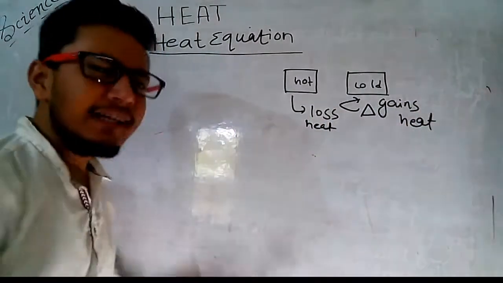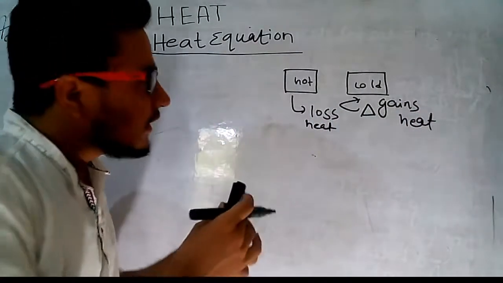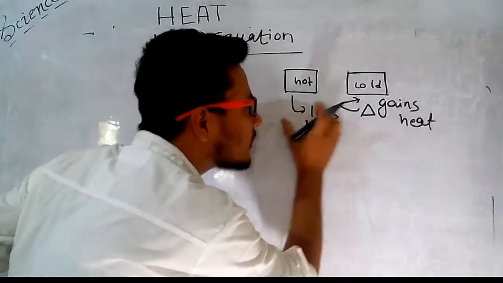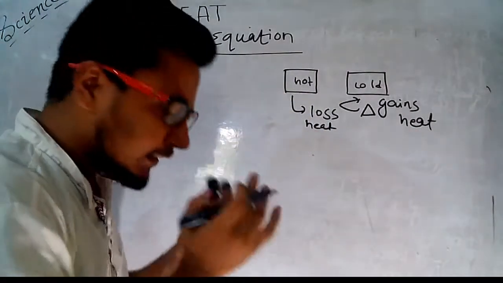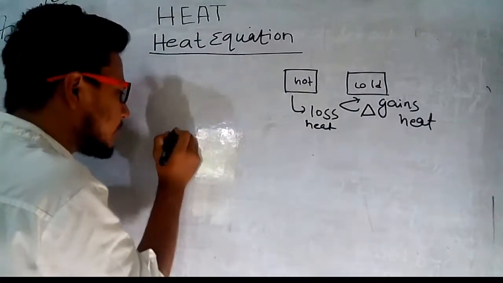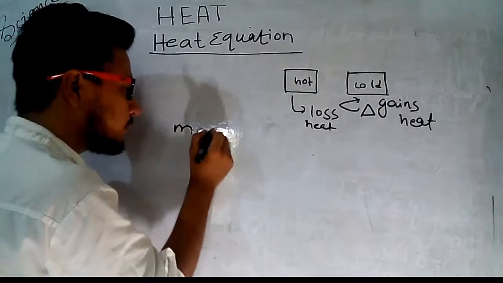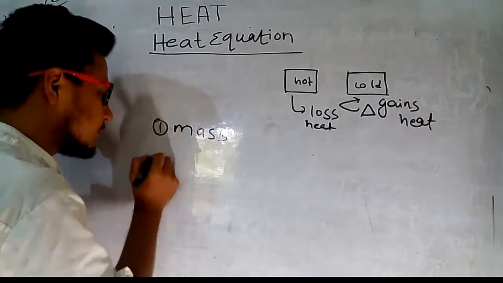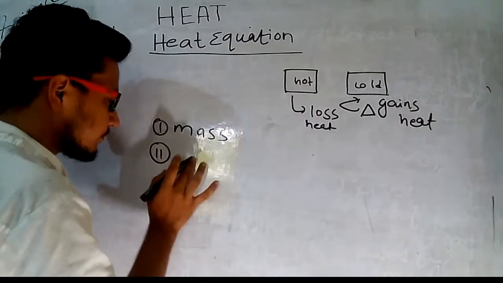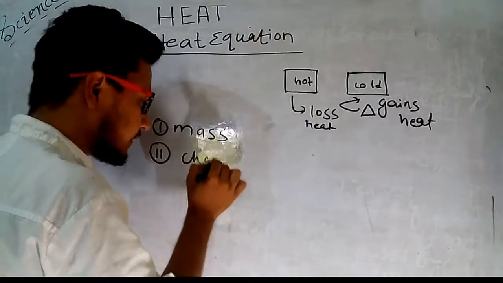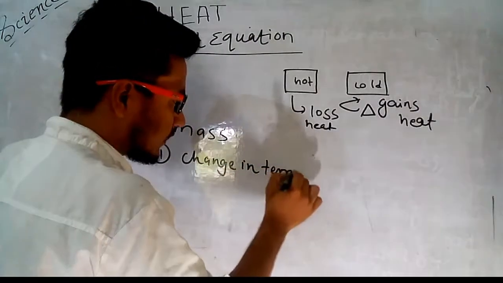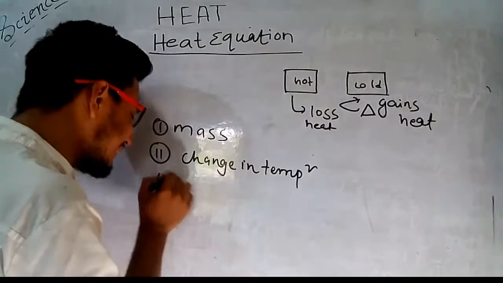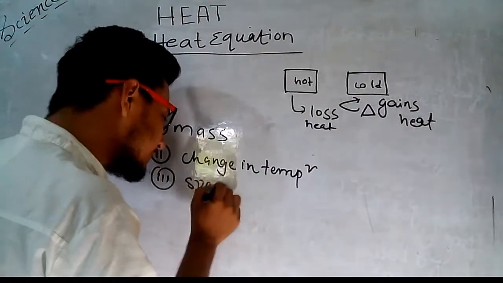Experimentally it was found that the amount of heat lost or gained by a body depends on three factors. The first is mass, then the change in temperature, and the third is the specific heat capacity.